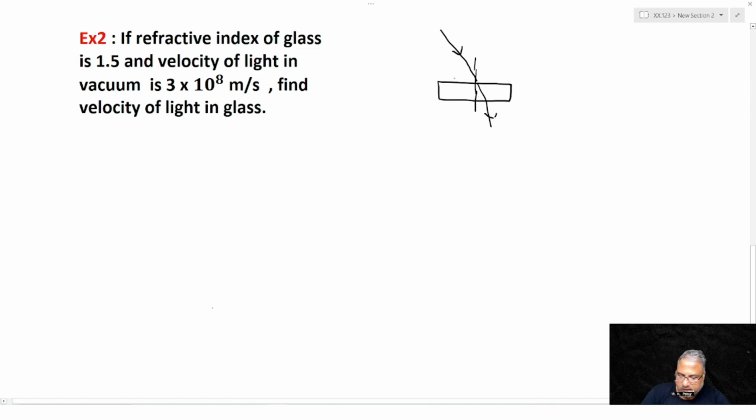So we have the value given as n21. This is a symbol, or you can also write it like this: refractive index of second medium with respect to first medium. The first medium is vacuum and the second medium is glass.